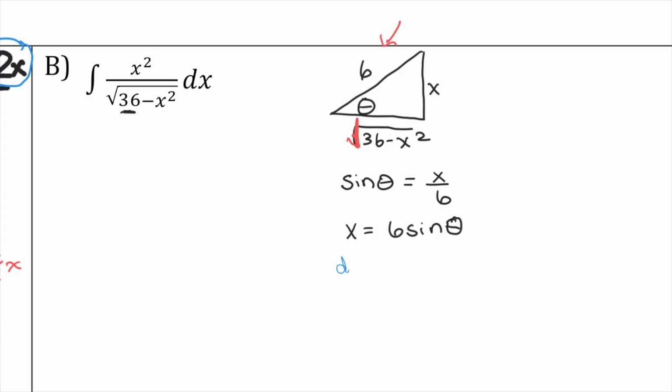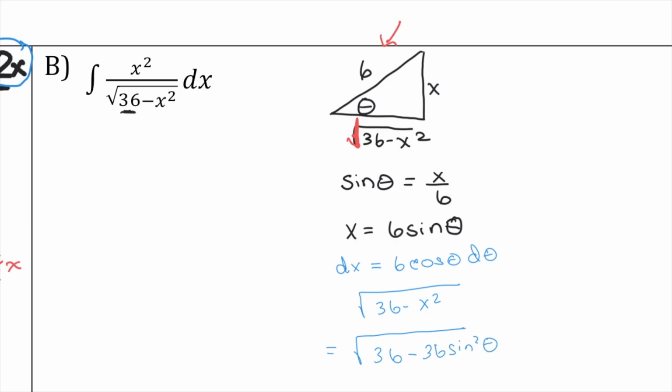Now, dx is going to be equal to your 6 cosine theta d theta. We're ready to substitute in for x squared and for dx. However, let's take a look at the square root of 36 minus x squared and find its equivalent. It's going to be the square root 36 minus 36 sine squared theta.